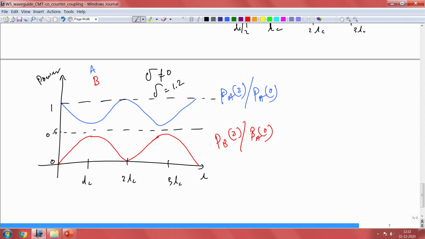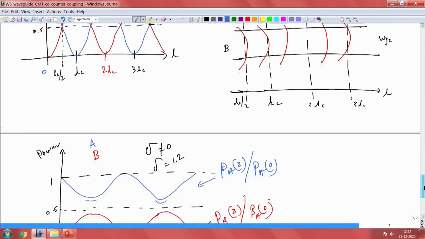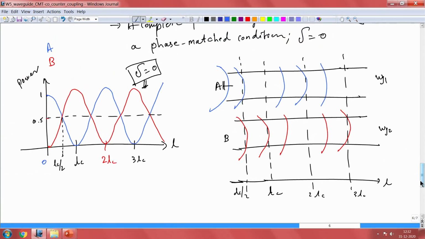So, this is what we have seen here. The same thing is true here as well. So, how is the power going to look? P A Z over P A 0, P B Z over P A 0.